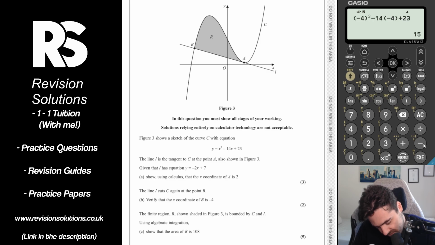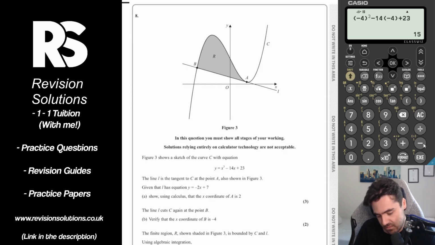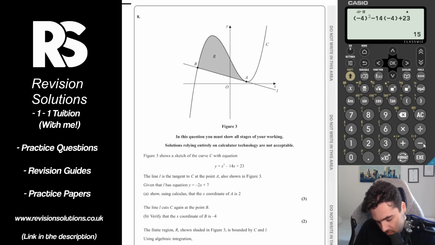Now it says, can we find this shaded region R using integration, which we're definitely going to need because it's a curved area. There's no other way for us to get the precise area. So what I'll always do when I want to find one of these areas, if it looks a little bit strange, I'll draw in some vertical lines on the left and right side of the area.